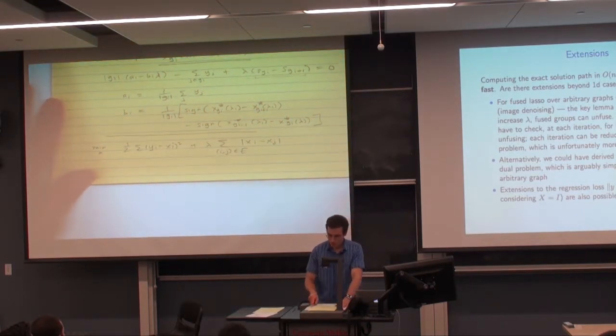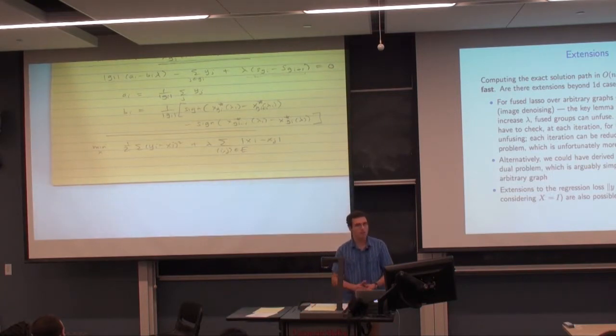Then, surprisingly, at least to me, that lemma doesn't hold. We still get the property that as we increase lambda, things fuse. One component of the solution will fuse with another, and groups will fuse with other groups. But it can be the case that two things that were fused at some value of lambda unfuse as lambda increases.